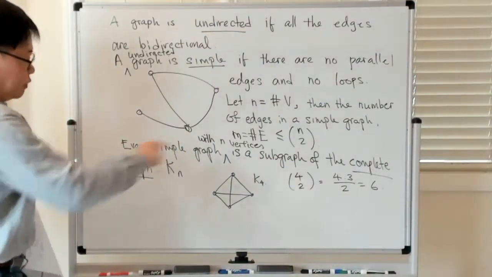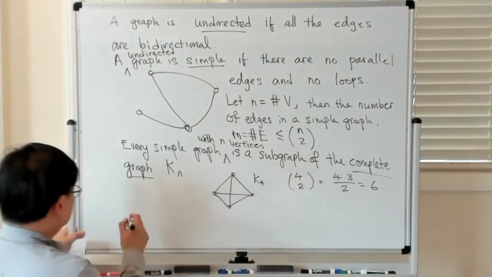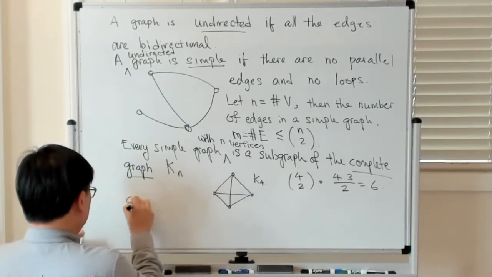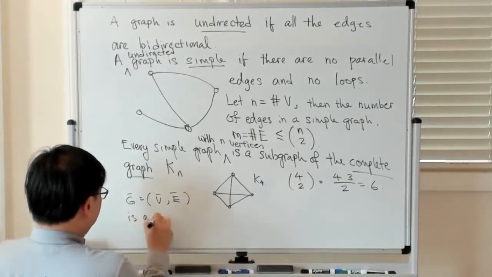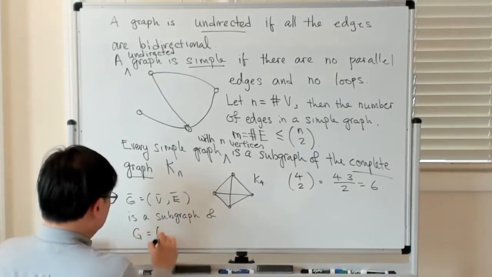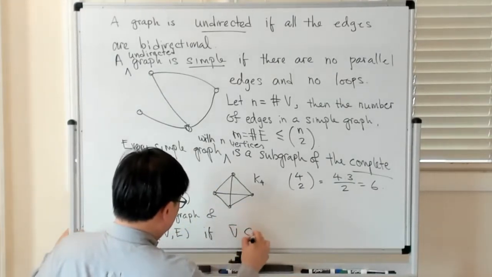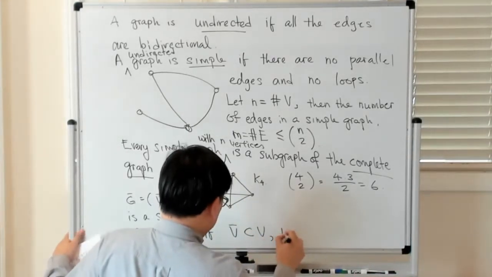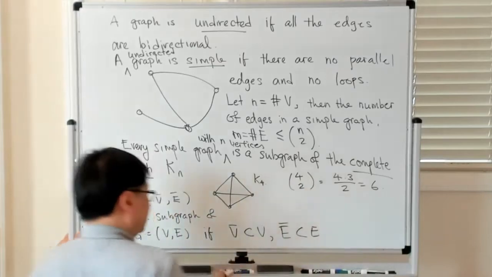So it says that every simple graph is a subgraph of this complete graph. You might ask, what does it mean for a graph to be a subgraph? Let's say I have G bar, which is V bar, E bar, a subgraph of G, which is V, E, if V bar is a subset of V, and E bar is a subset of E. But that in and of itself is not enough.